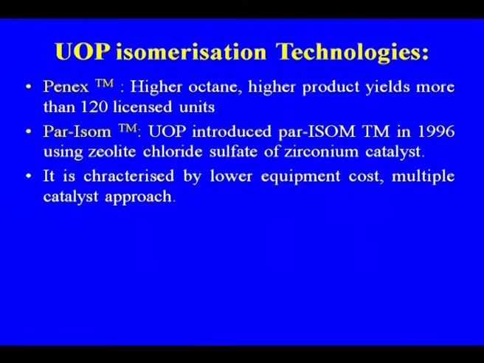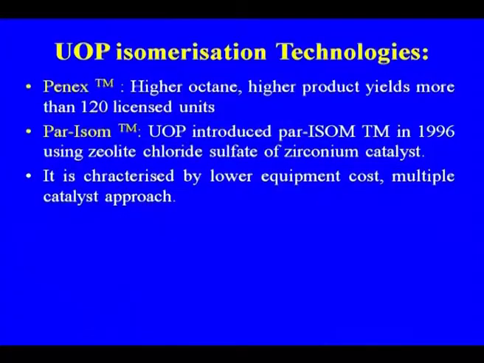Another development that has taken place in UOP isomerization technology is the PENEX process. Higher octanes, higher product yields, more than 120 licensed units were there, PENEX and PENEX-DIH. So, this is some of the development, and here you see the number of refineries in other countries that have isomerization as an integral part.